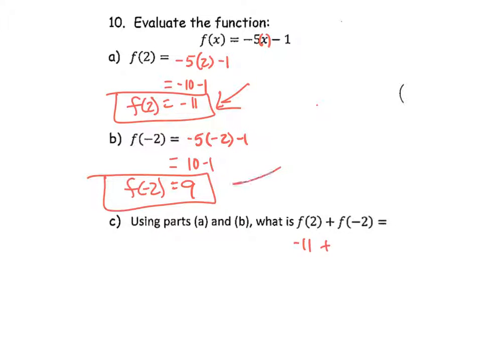And f of negative 2, we know that it's 9. So negative 11 plus 9 is negative 2. Okay. So f of 2 plus f of negative 2 equals negative 2. Any questions so far?